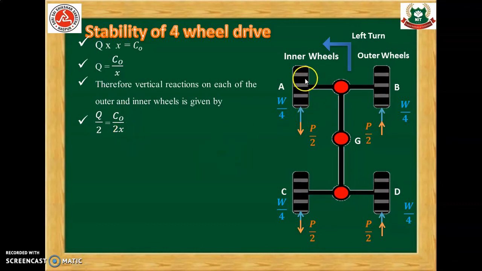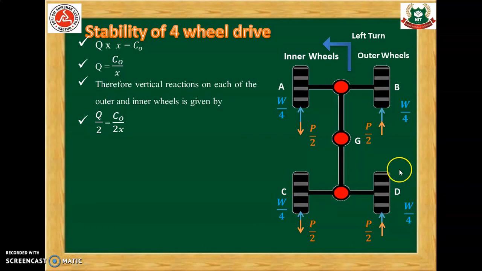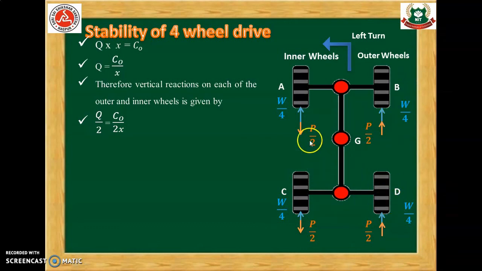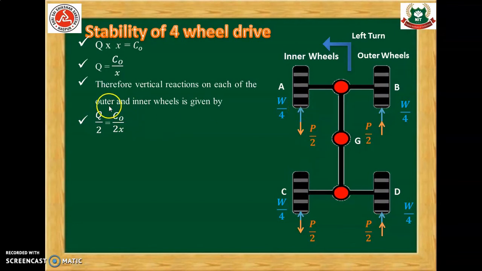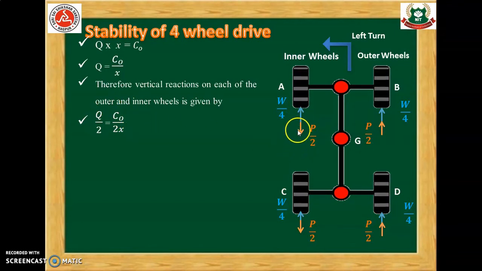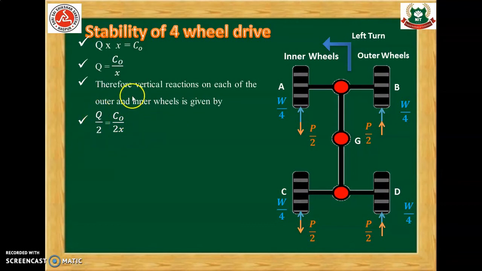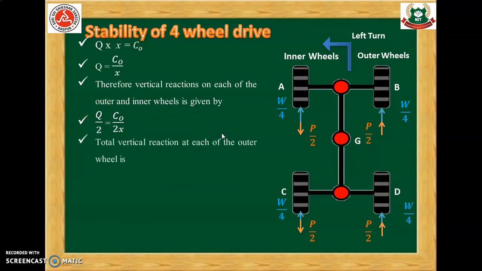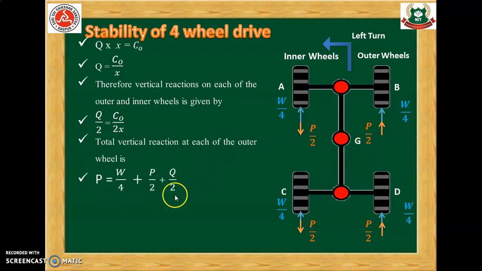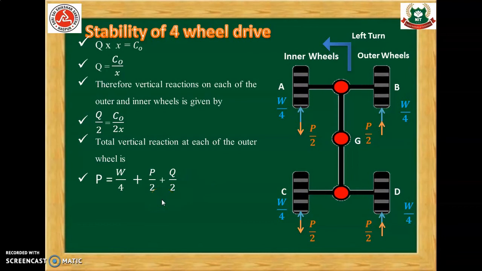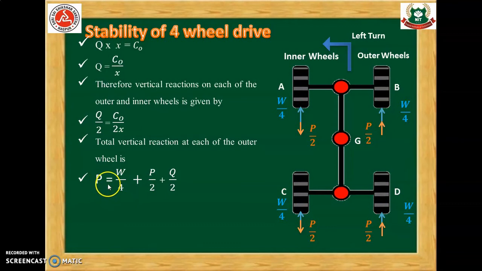Means we have two inner wheels A and C and two outer wheels B and D. If we want to calculate the reaction due to this overturning couple, we will just divide this Q by the value 2 on both sides, that is Q upon 2 equals CO upon twice X. Total vertical reaction on each of the outer wheels is given by total vertical reaction. Now here you just see, total vertical reaction means PO.